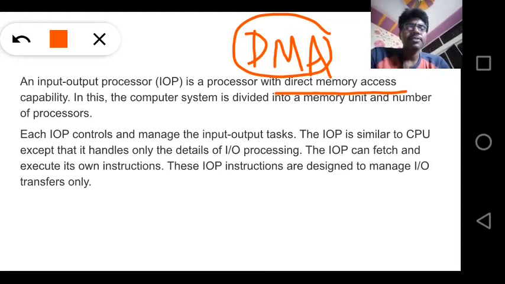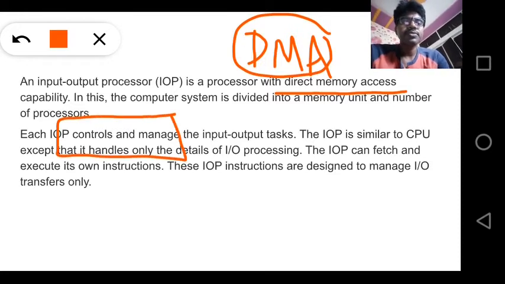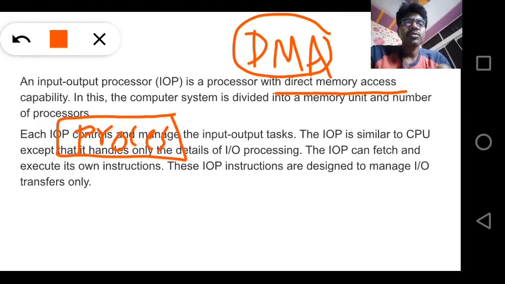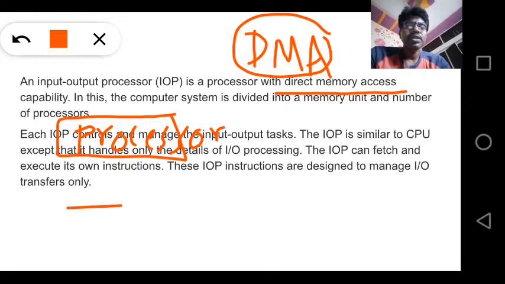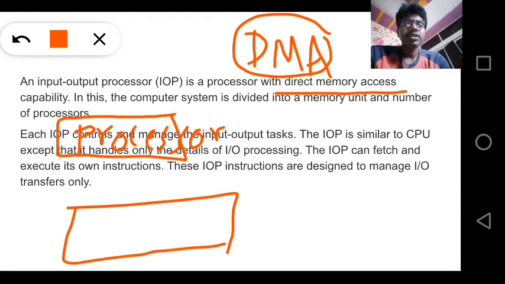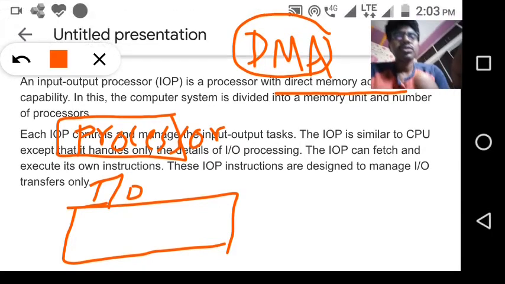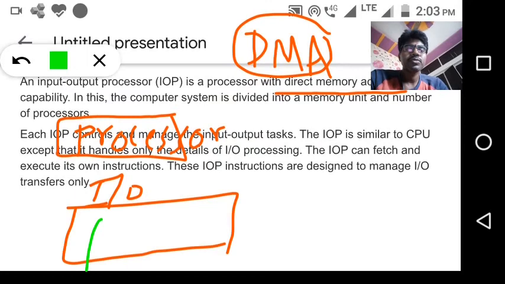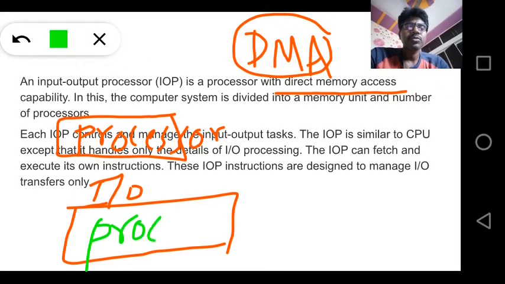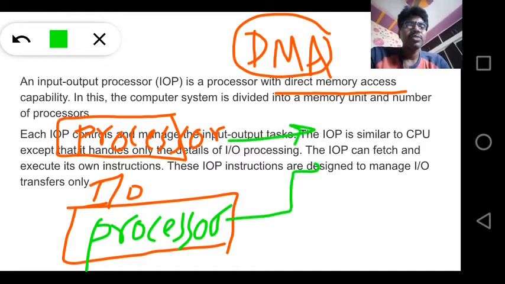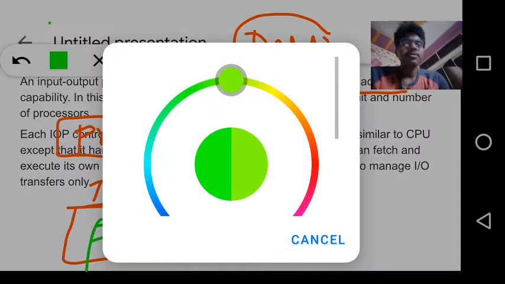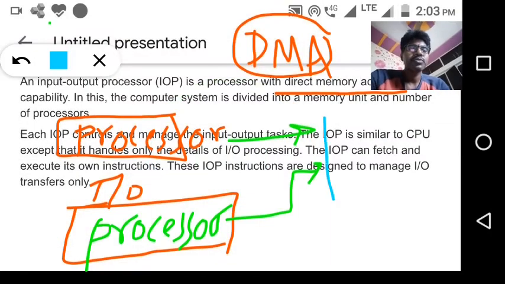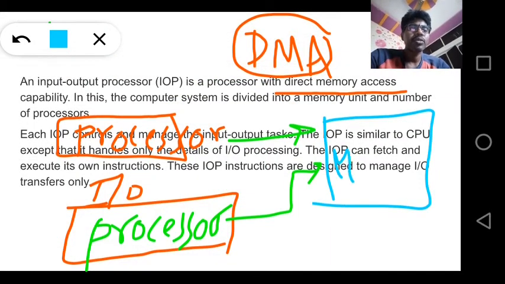It is like this: this is my processor, and this is my IO processor. Both are competing for memory.